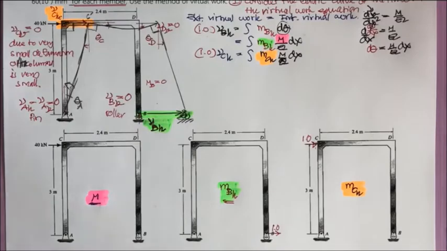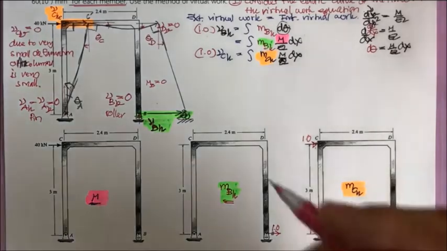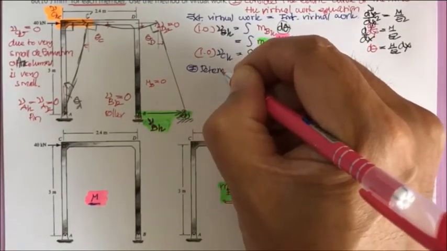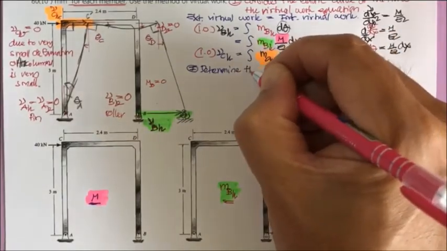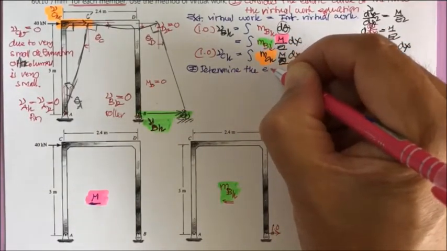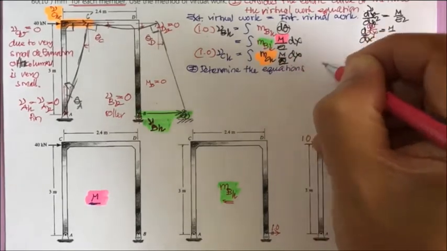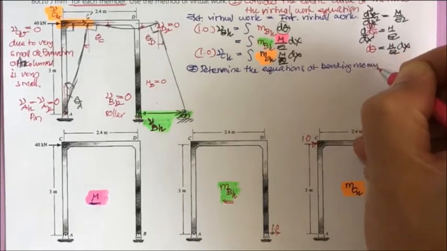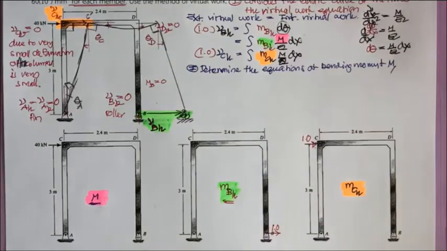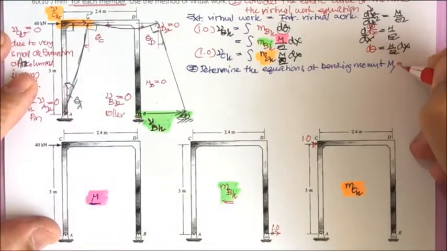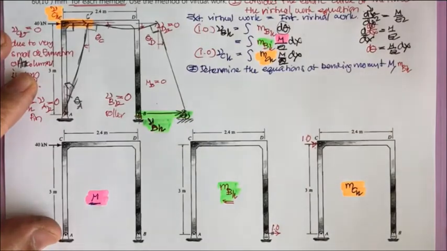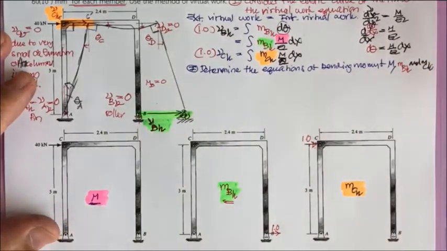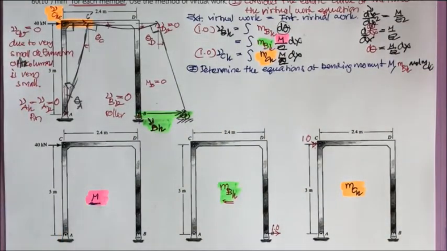So next, second, determine the equation of bending moment. That's going to be M, M sub BH, and M sub CH. That is our next step.